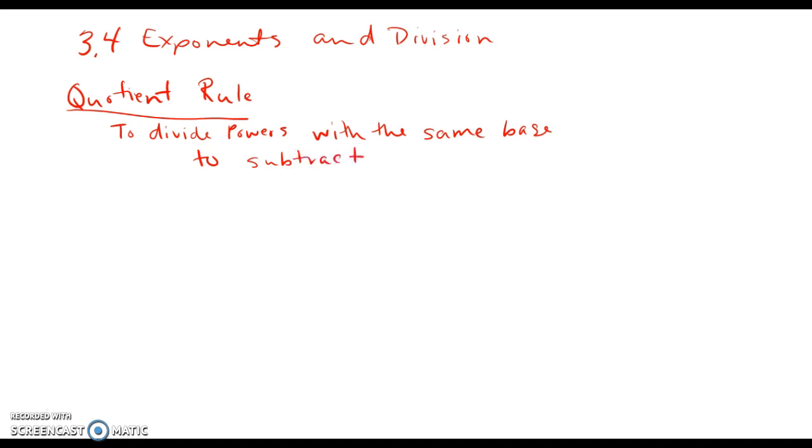When we did the product rule and we were multiplying, we added the exponents. Now that we are dividing, which is the inverse function to multiplication, so division undoes multiplication, then we're going to subtract our exponents. Subtraction is the opposite of addition. So it's one way to help you remember.